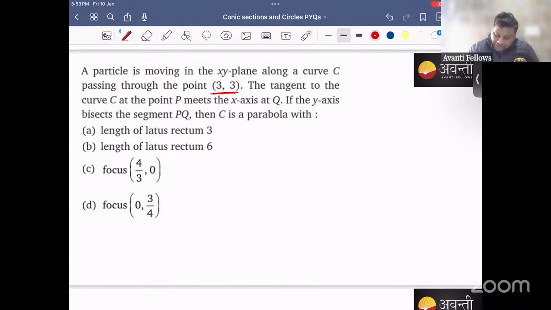See, it is something like, say this is your curve. This curve is passing through some point, say 3, 3.